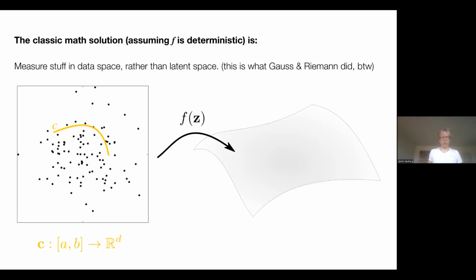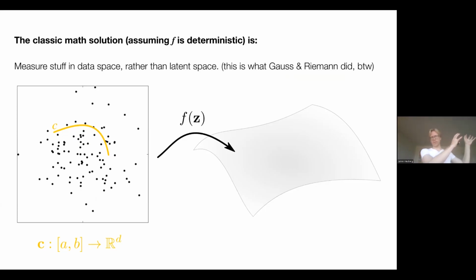Okay, so the good news is that you're at a geometry tutorial, and this is exactly the classic problem that was solved by differential geometry. So the solution, the way you make the latent space more well-defined, is that we're going to endow it with a geometric structure. And the construction goes as follows.